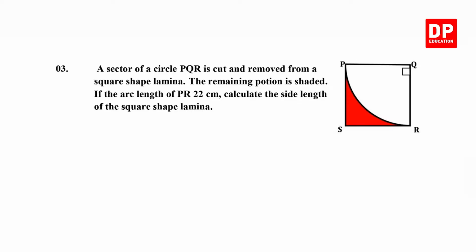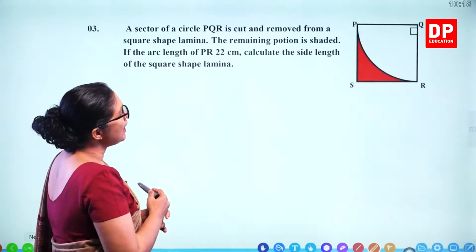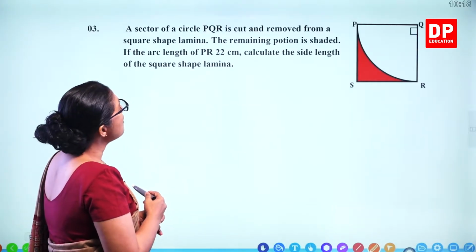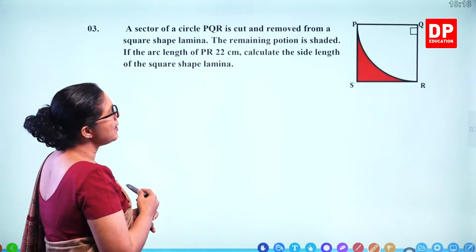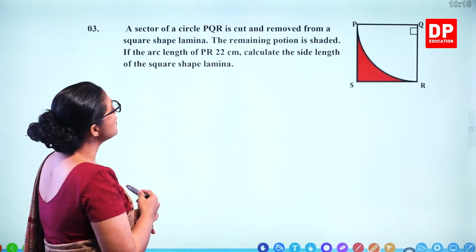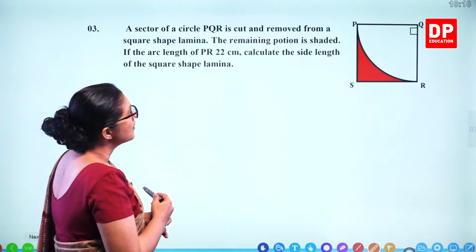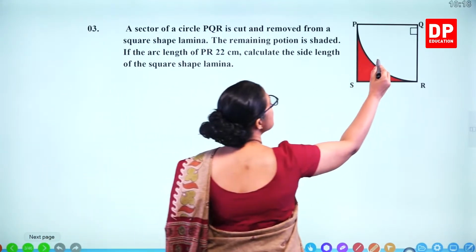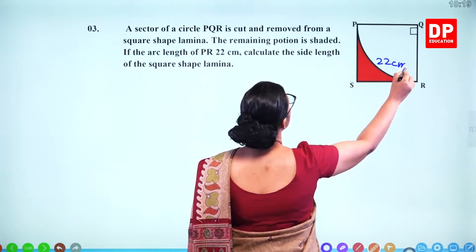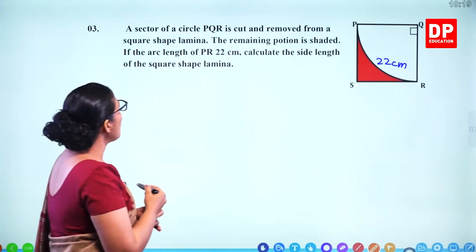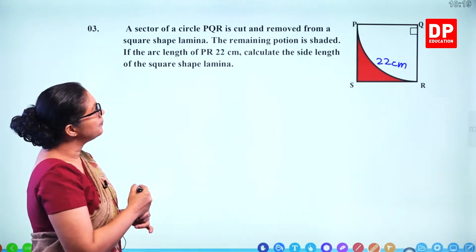Question number 3. A sector of a circle PQR is cut and removed from a square-shaped lamina. The remaining portion is shaded. If the arc length of PR is 22 centimeters, calculate the side length of the square-shaped lamina.